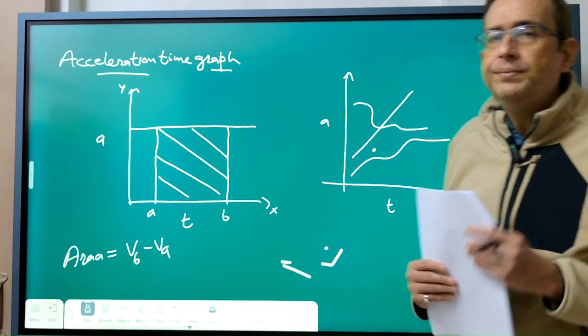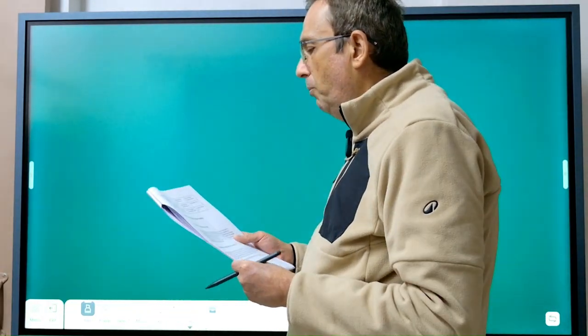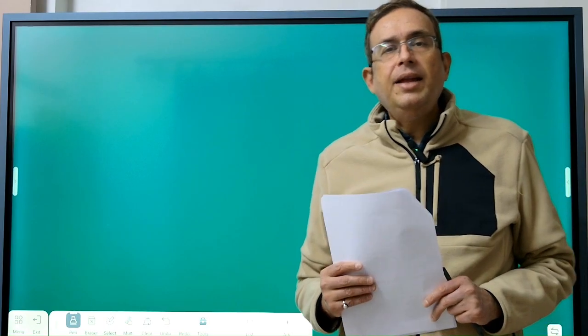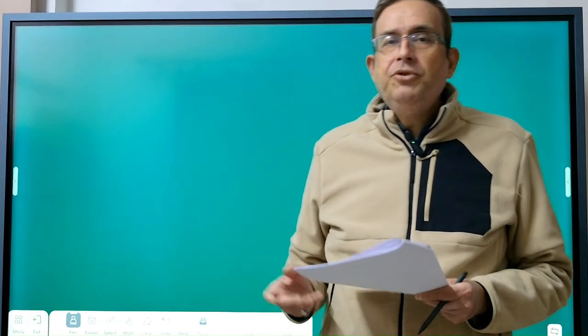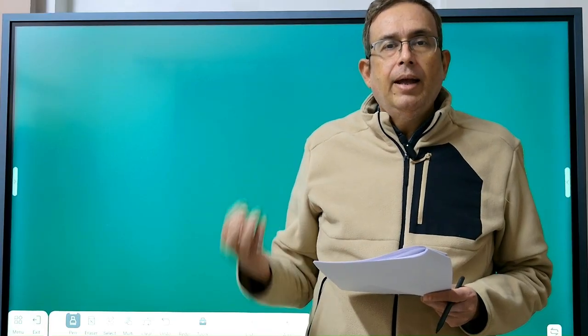So let us now take the case of motion under gravity. In that case, an object is subjected to a uniform force of gravity. It is situated somewhere above the ground and it is being pulled by the earth towards its center with a uniformly acting force.